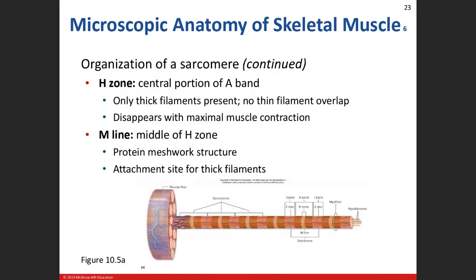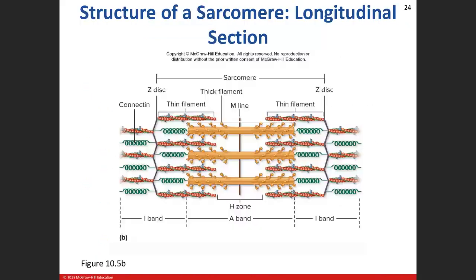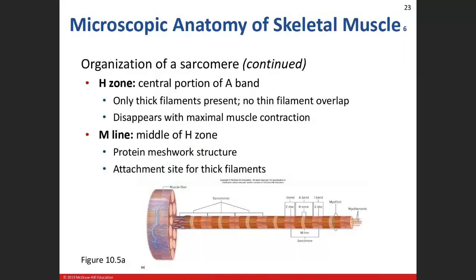Let me show you here real quick on our picture. So here's our I band. You can see at the center of the I band is the Z disc. So we just see thin filaments in this area, so more light can pass through it when we look at it under a microscope.